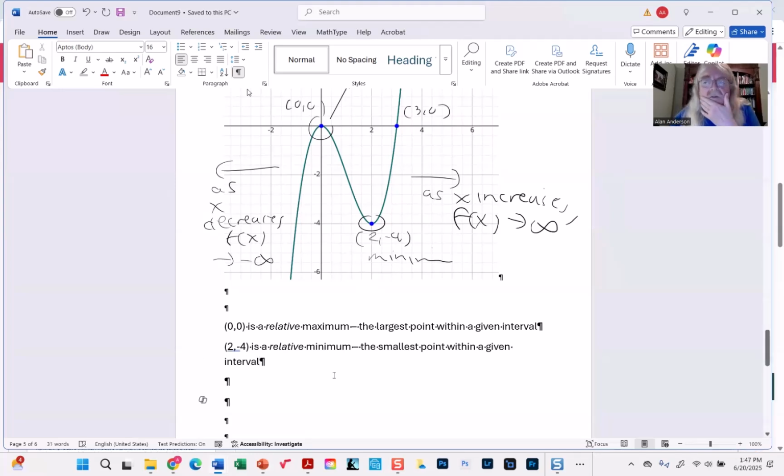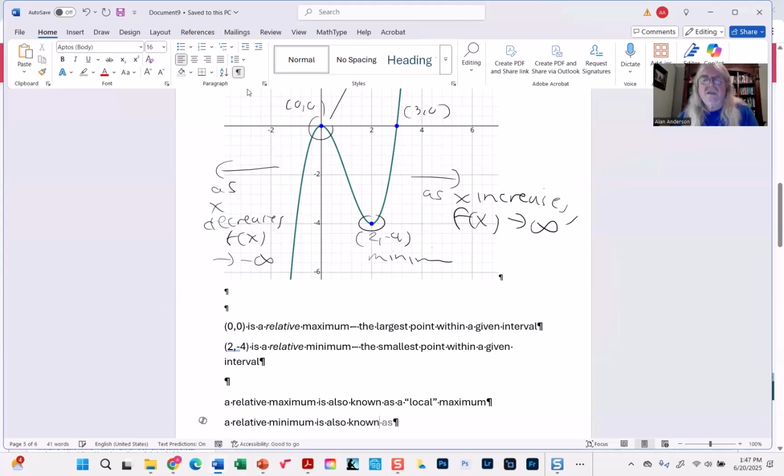And also terminology-wise, a relative minimum or maximum is also known as a local maximum. A relative minimum is also known as a local minimum.